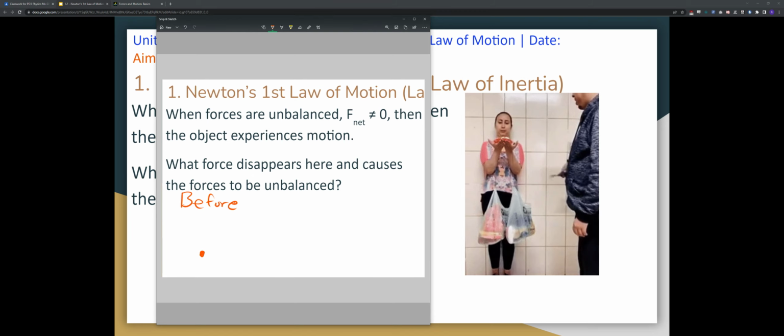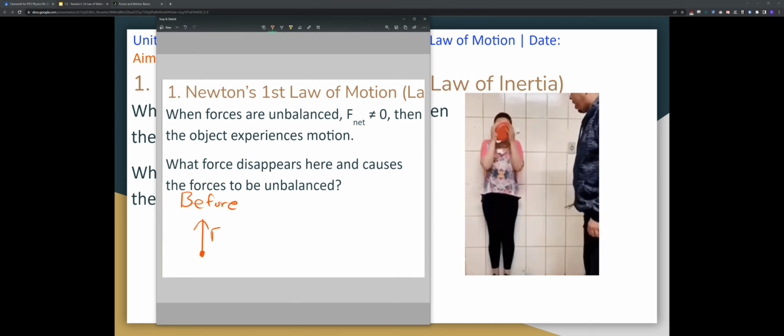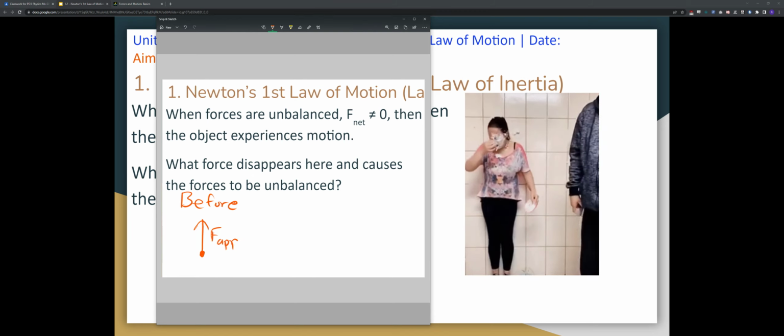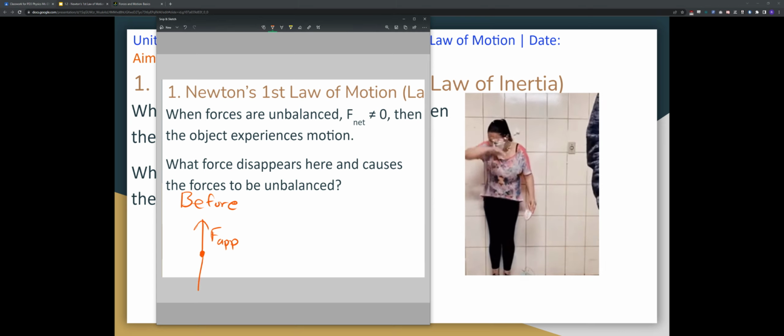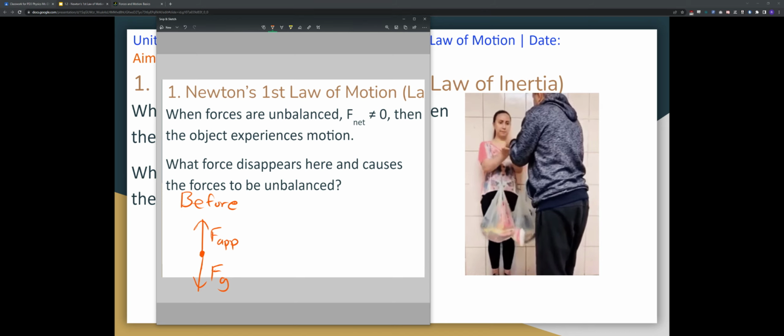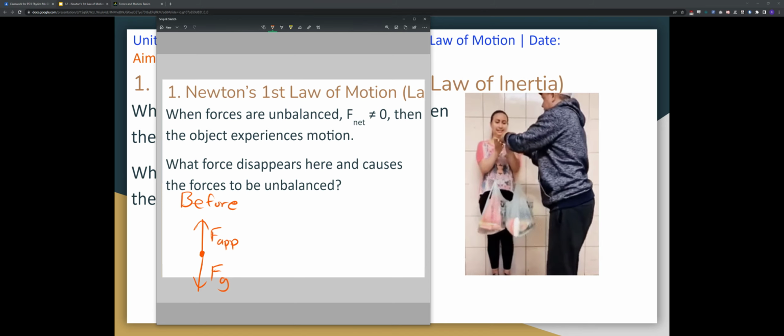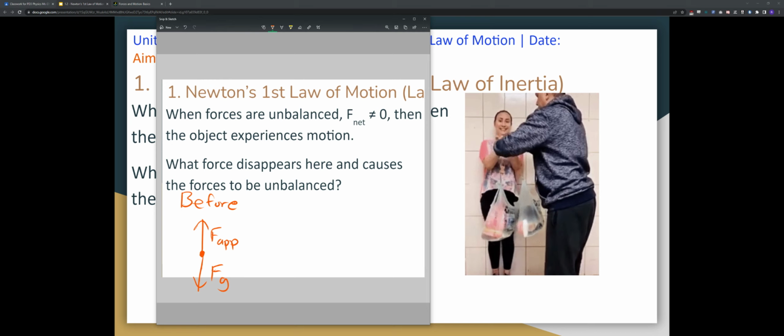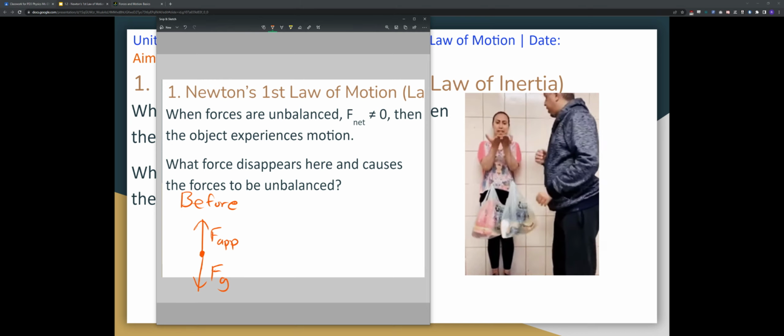The woman is applying a force upward. So the woman is applying a force up on the bags, and there's a force due to gravity acting downward, pulling on the bags. And this is before the man cuts the bags.